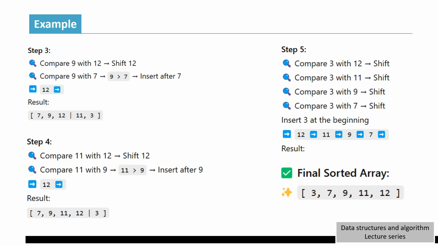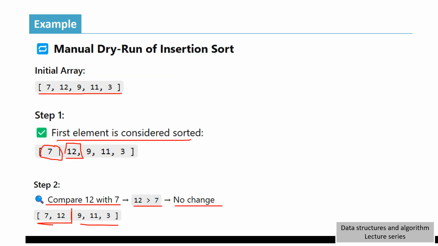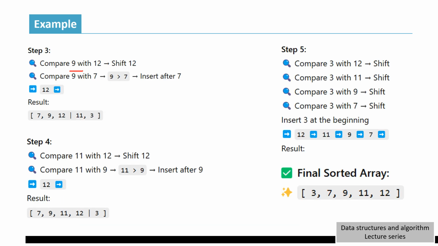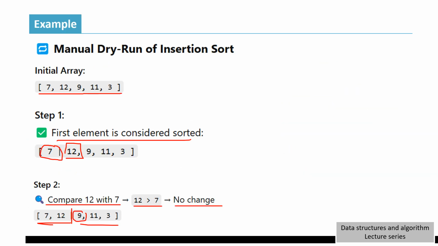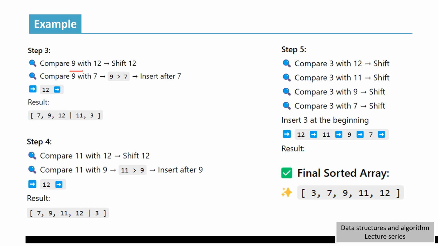Next we pick up 9, right? Because the next element was 9. Then we compare 9 with 12. Since 9 will be inserted in between these two, compare 9 with 12, shift 12 as 9 is lesser.